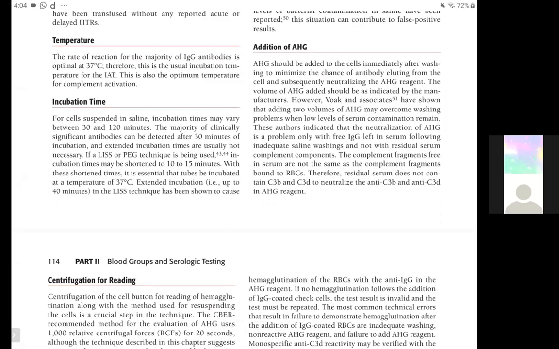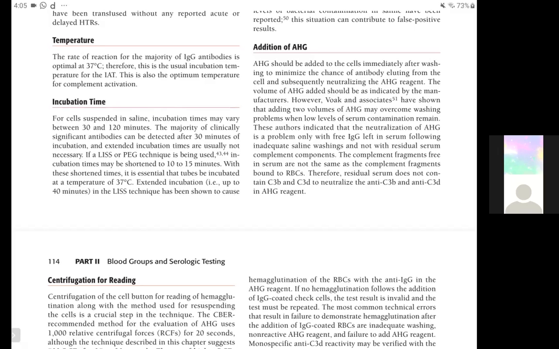And in a way, the polyspecific does not have any interfering properties because of residual complement in the serum. It's only the free IgG left in the serum following inadequate saline washings that can neutralize the anti-IgG in the AHG mix. The complement component is not neutralized by the anti-C3d or C3b in the AHG reagent because of residual serum.